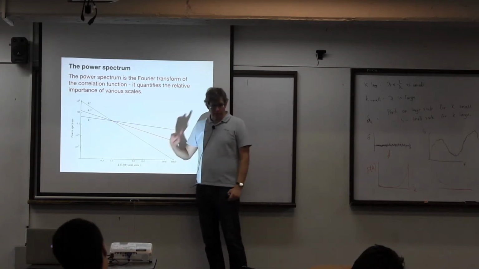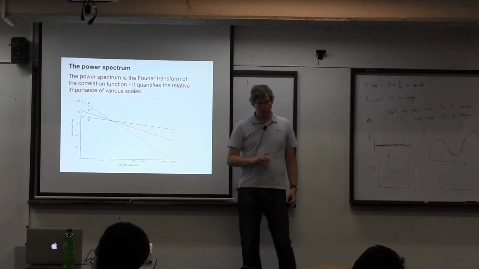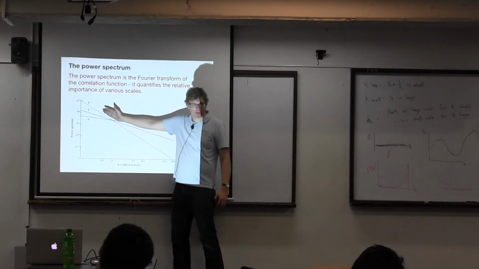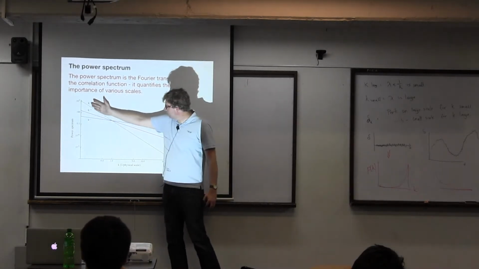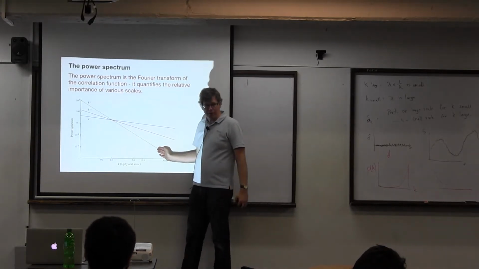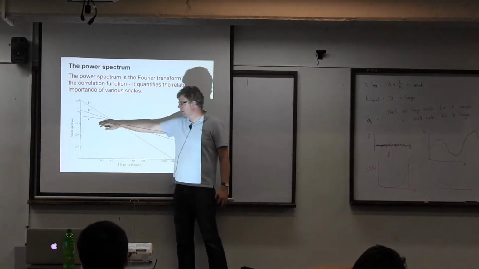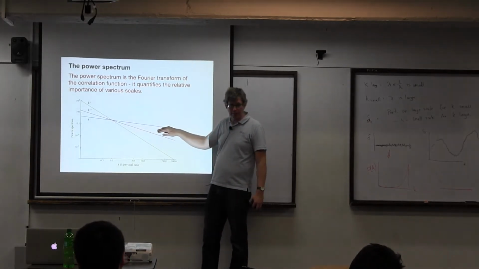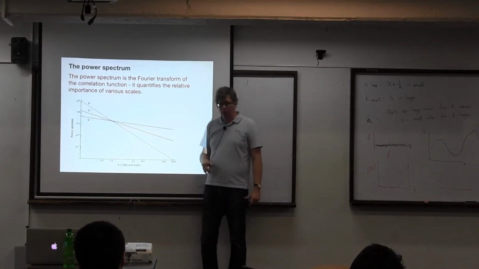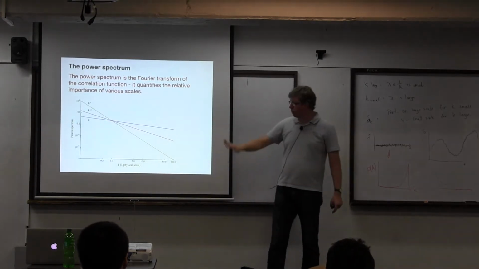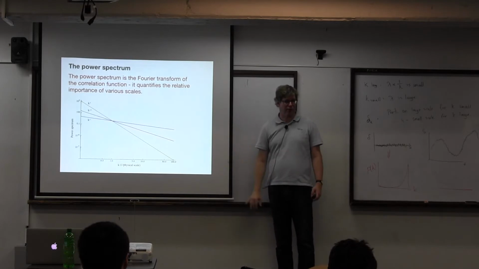So here are some examples of power spectra. They are power spectra that decline as power laws. One that declines as the 5th power, one that declines as the 2.5, and one that declines as 1 over k. Okay? And now I'm going to show you 3 universes that I've created using these power spectra.